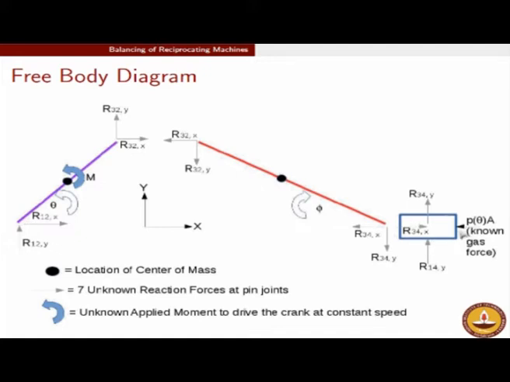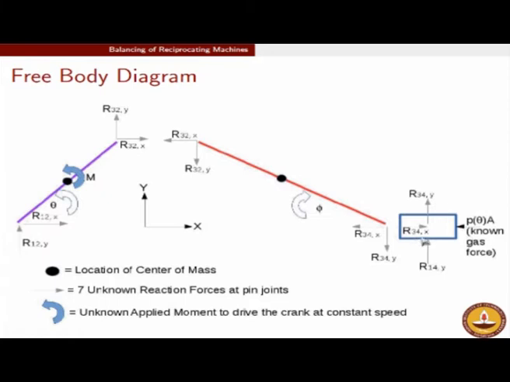To give you another example, let us now look at this piston. On the piston you have a gas force which is known, as I said, from thermodynamic considerations. The piston itself is bearing an action reaction force which is coming firstly from the connecting rod. The connecting rod, which is connected to the piston, will give a force to the piston, which is symbolized as R34,x in the x direction and R34,y in the y direction.